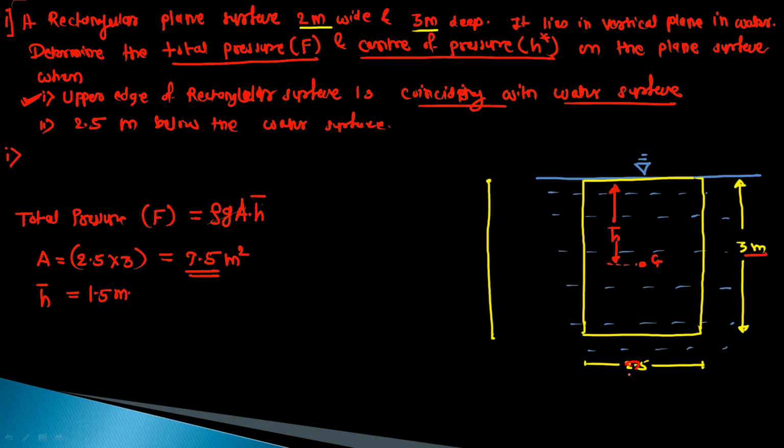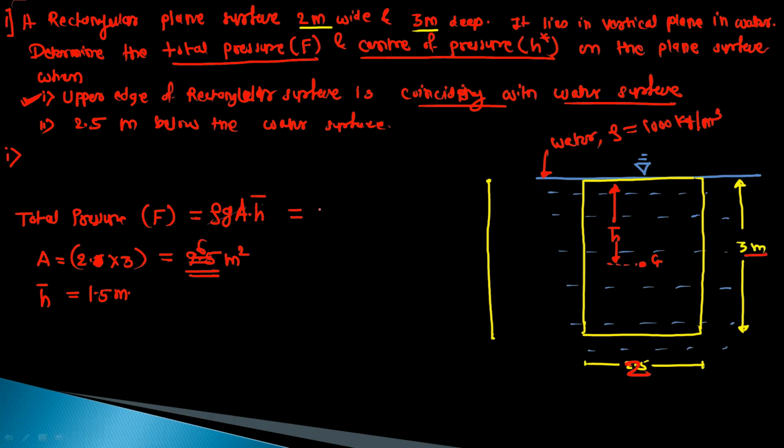Sorry, this is 2 meter. So this is 6 meter square. h bar is 1.5. So total pressure is equal to, now the liquid is water, so your density value is 1000 kg per meter cube.